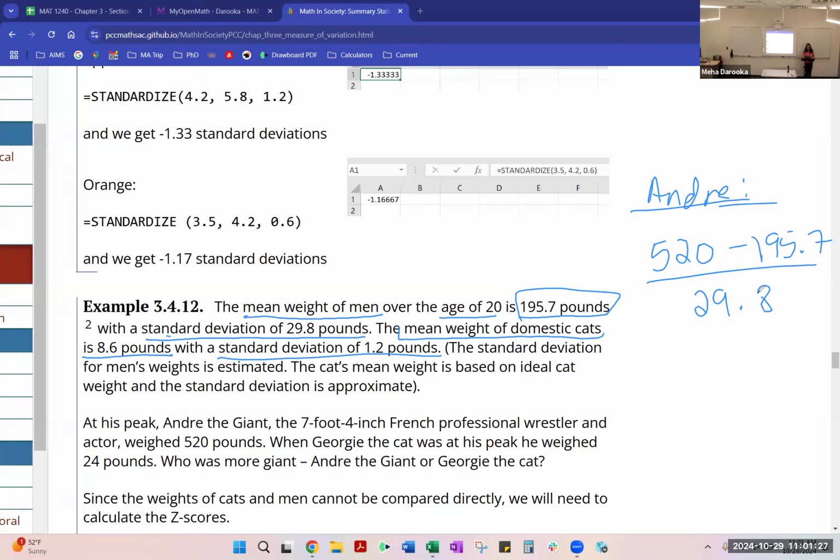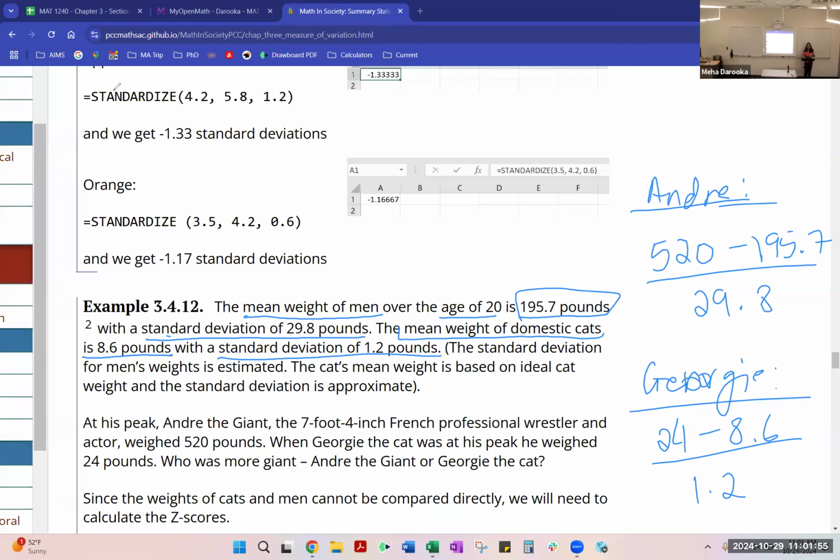Whereas the cat, Georgie, was at 24 pounds. And then they're telling us the mean weight of domestic cats is 8.6, and their standard deviation is 1.2 pounds. So obviously we're dealing with very different averages and standard deviations over here.